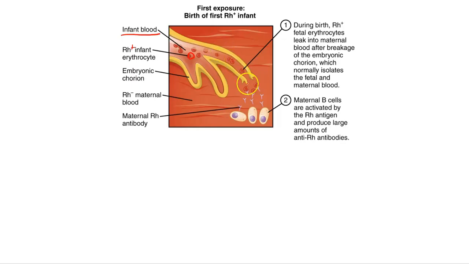So it's possible that some of the baby's blood can get into mom's blood at the first delivery when that baby is born. If that's the case, mom's going to have an immune response against that Rh antigen. The Rh antigen is foreign, and we always have immune responses to anything that is foreign to us. That's what protects us.